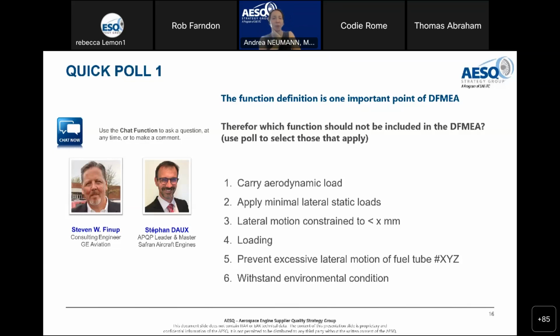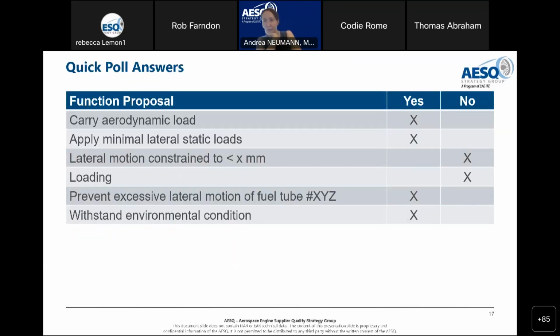Okay, so maybe we go on to the next slide because it's interesting. I just scrolled through the chat and saw the answers. What are not functions are the 3 and the 4. Many of you found out that the loading is not really an adequate answer for a function.